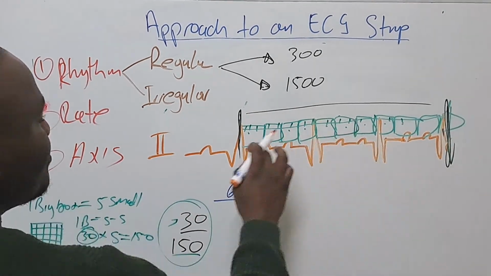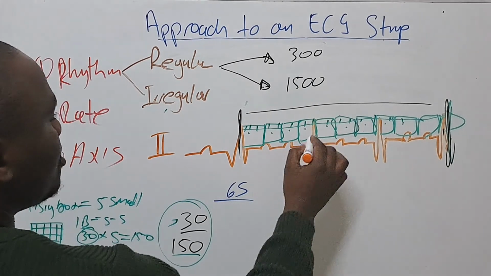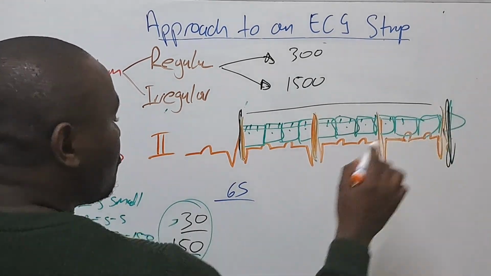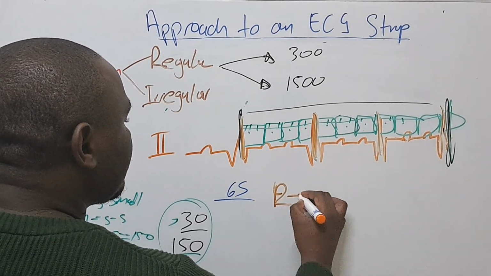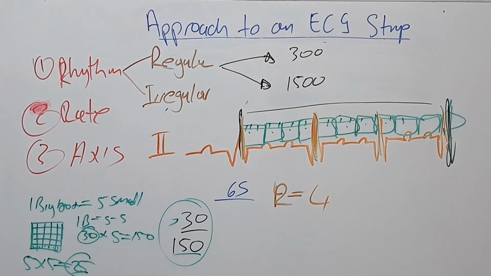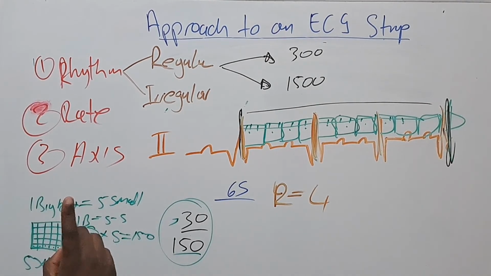So how many R waves are from here to here? Here we've got 1, 2, 3, 4. So your R waves are equal to 4. But remember, this is 6 seconds, and our heart rate should be in 1 minute.